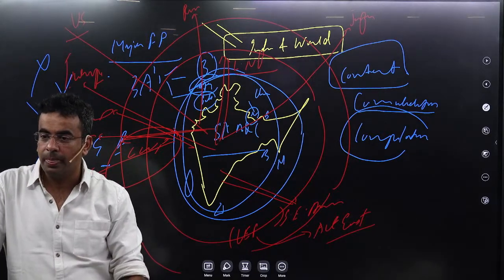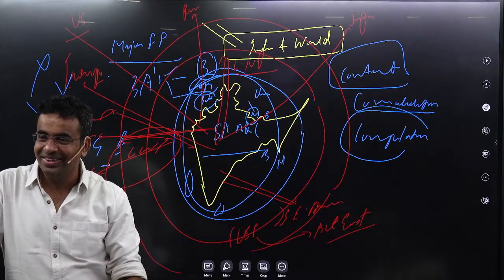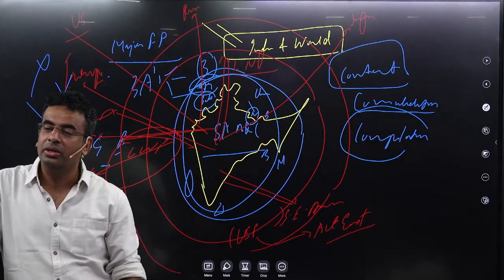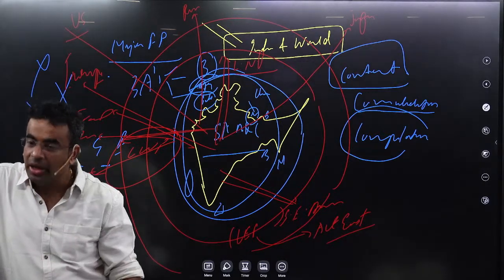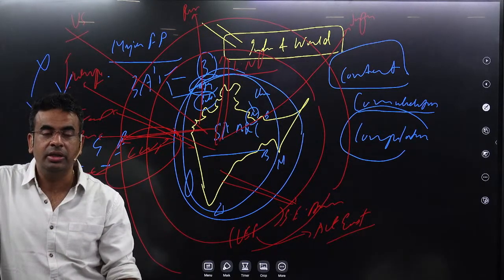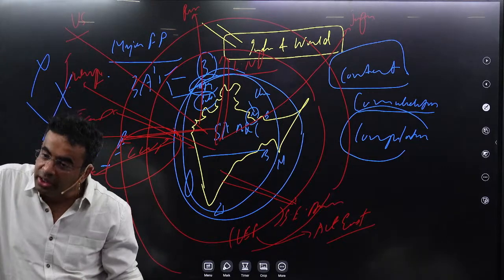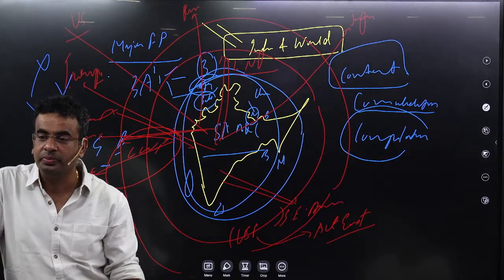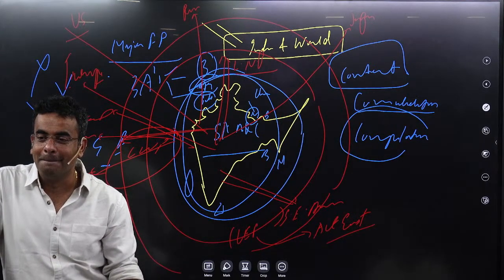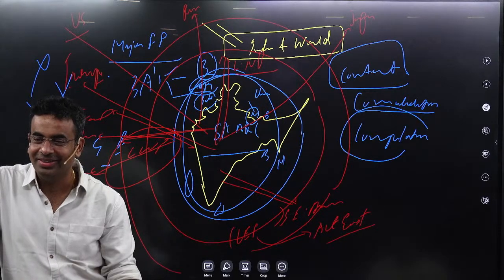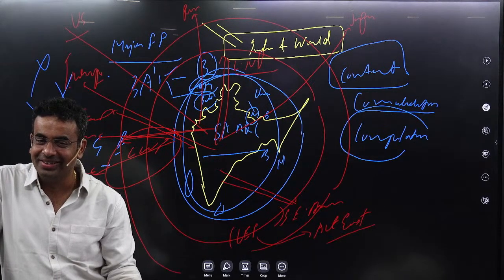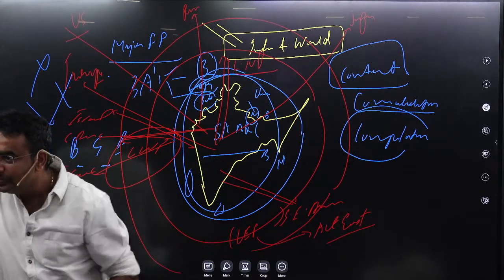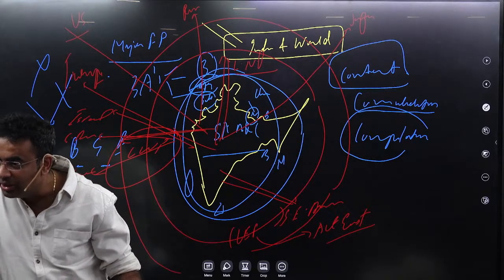Your name is Sonam? Nahan. Okay. Which continent has maximum countries? Asia. What's your name? Raja.